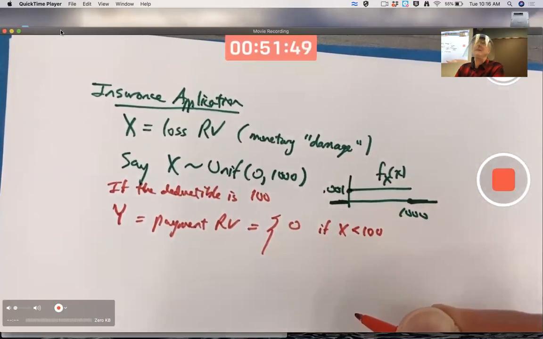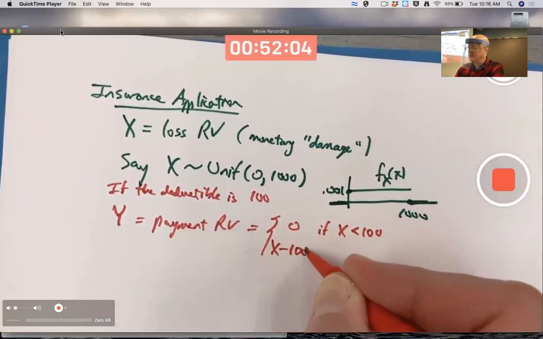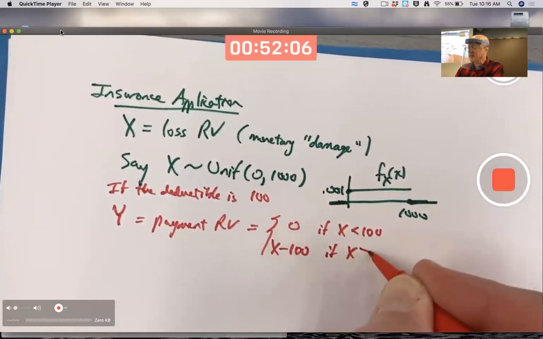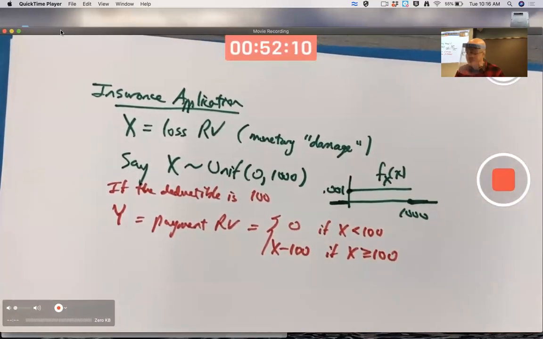If, for example, your loss is 700, you pay the first 100, the insurance company pays 600. 700 minus 100 is what they pay. X minus 100 if X is greater than or equal to 100, say. The payment random variable is a piecewise function of the loss random variable.